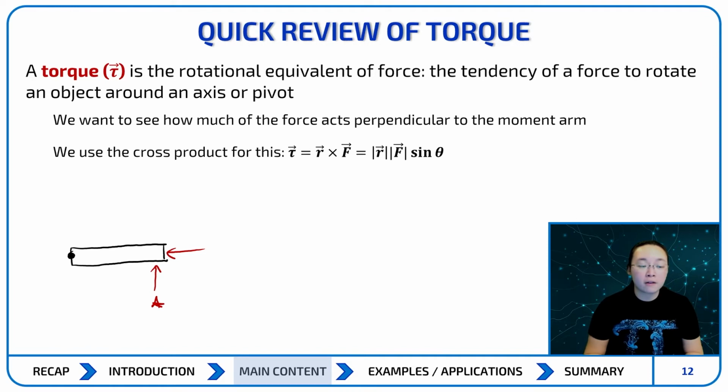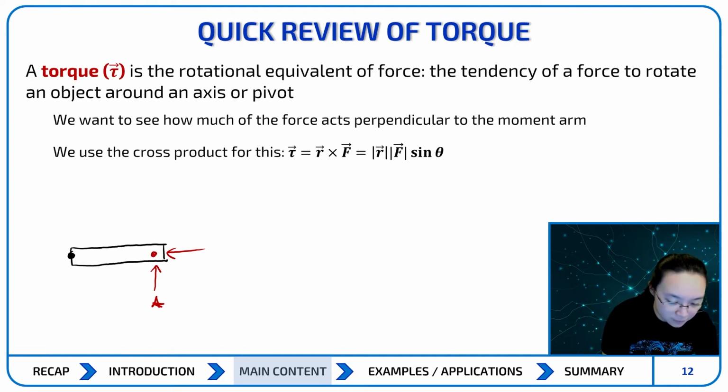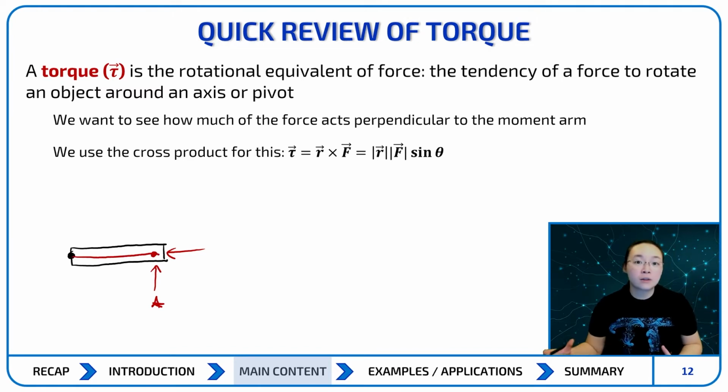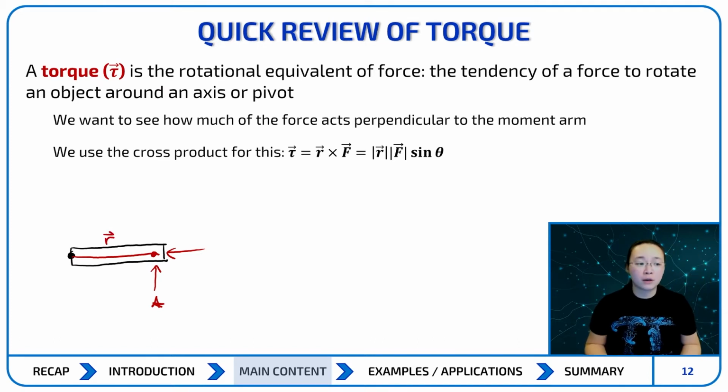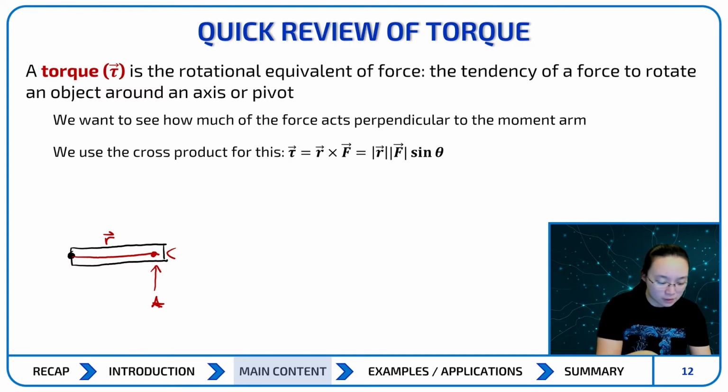And when I apply a force right there at this location, I have a distance away from the axis that I call the moment arm. And so this we call R. The magnitude of R is basically the distance from where you're applying the force to the central axis of rotation. So that's R.